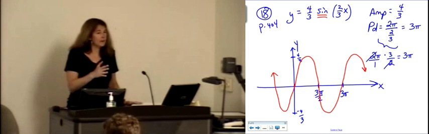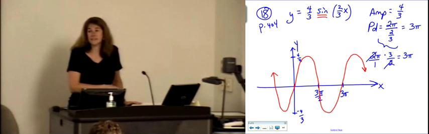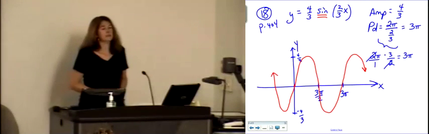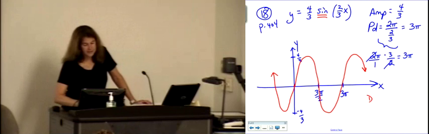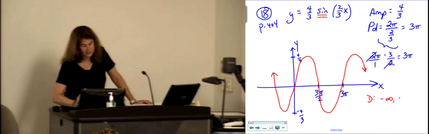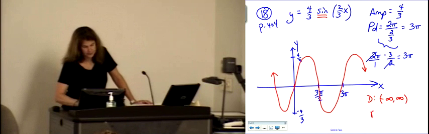But that gives me my overall idea of what the sketch for this graph is going to look like. Domain is still negative infinity to positive infinity. The range this time is from negative 4/3 to positive 4/3.